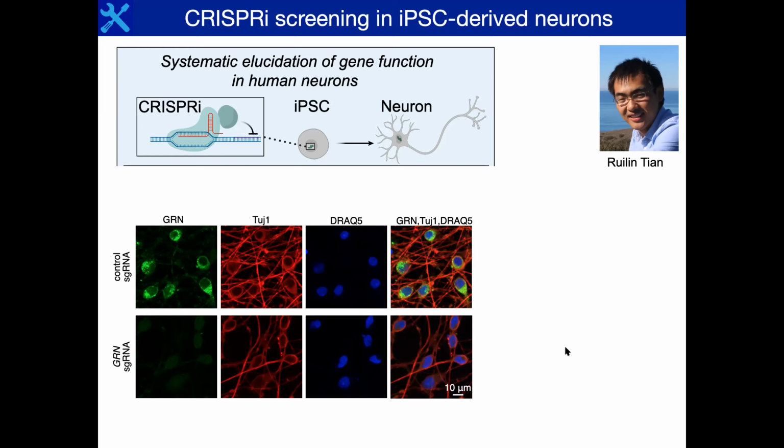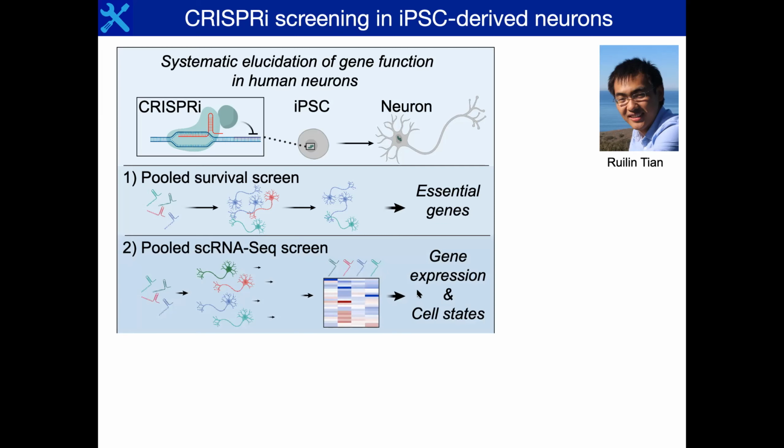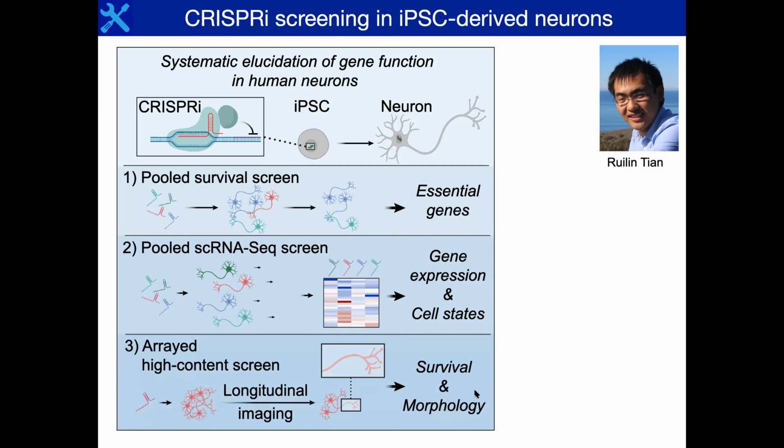Raylin Tian, a student in the lab who now started his own lab in Shenzhen, developed this in collaboration with Michael Ward's lab. And we can do very high throughput screens for neuronal survival, for example, introducing guide RNAs that target different genes for knockdown. We can have complex readouts such as single-cell RNA sequencing, and we've also conducted some arrayed screens.